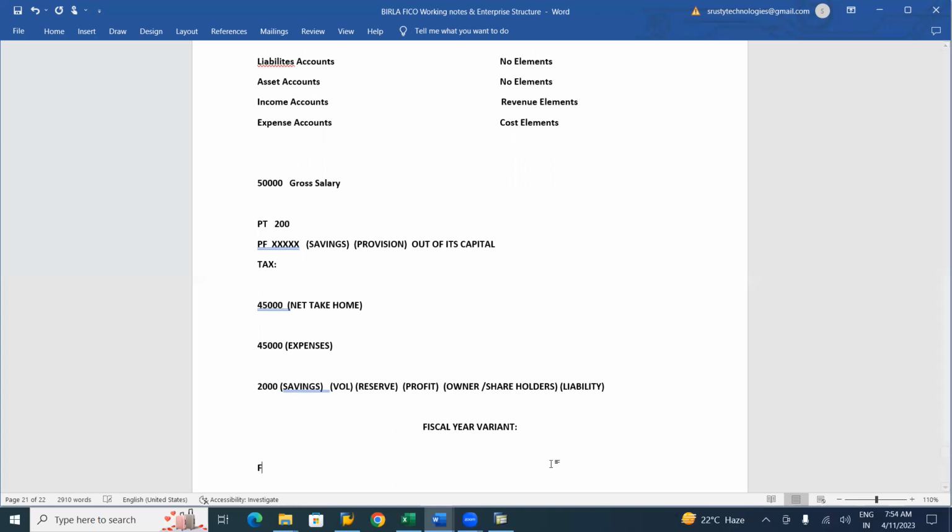For example, I'm calling it financial year and fiscal year. This is general terminology. Financial year is normal business terminology. Fiscal year is nothing but SAP terminology. What is the current financial year?